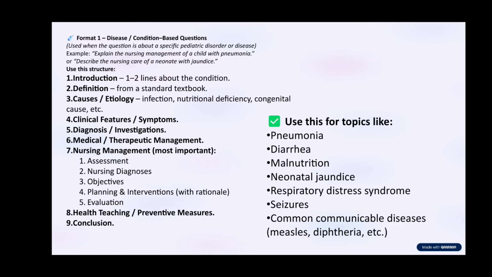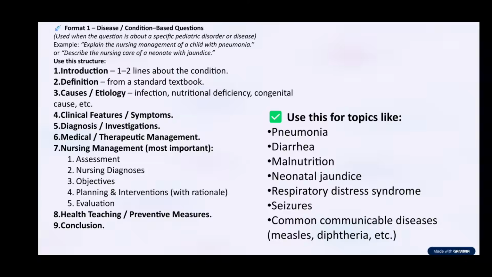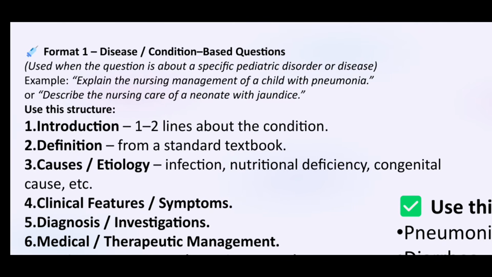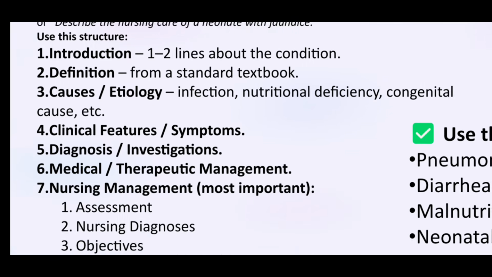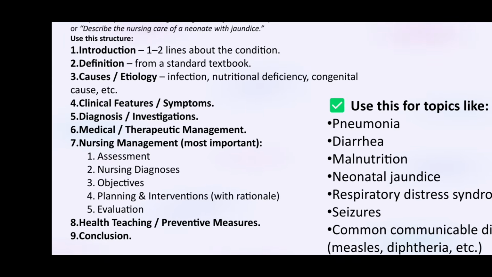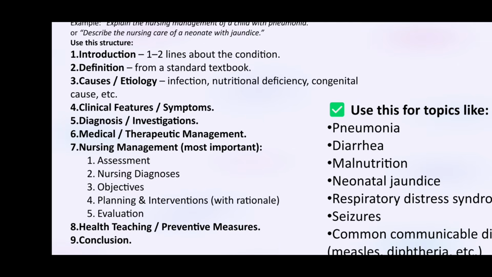The format for disease and condition based questions is used when the question is asked about a specific pediatric disorder or disease. For example, explain the nursing management of a child with pneumonia or describe the nursing care of a neonate with jaundice. If these types of questions are asked in the exam, this is the format you have to follow. First, you have to write the introduction, for example an introduction to neonatal jaundice.